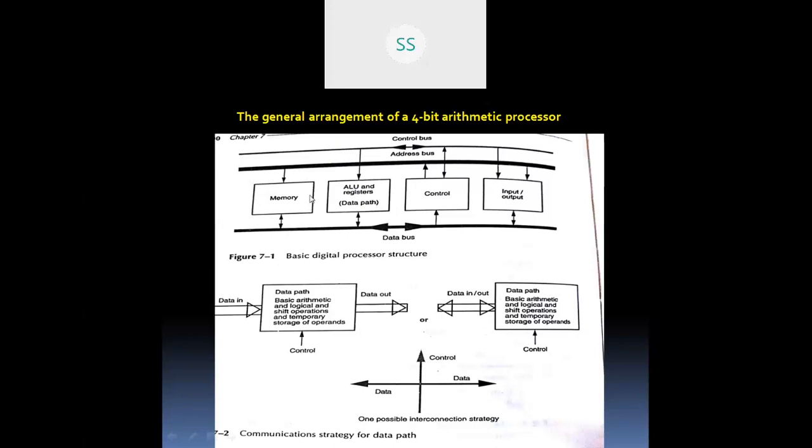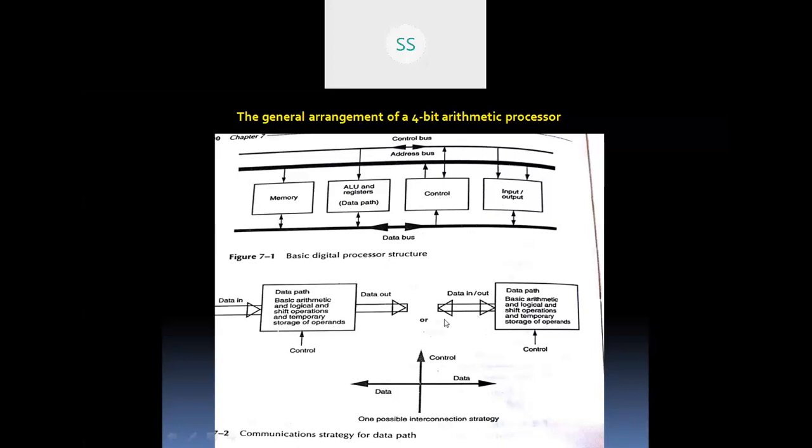It has a memory block, ALU registers, control, and input output. In order to have interaction among all these, we always need a data bus as well as an address bus as well as a control bus. So this shows the basic digital processor structure in block diagram form.